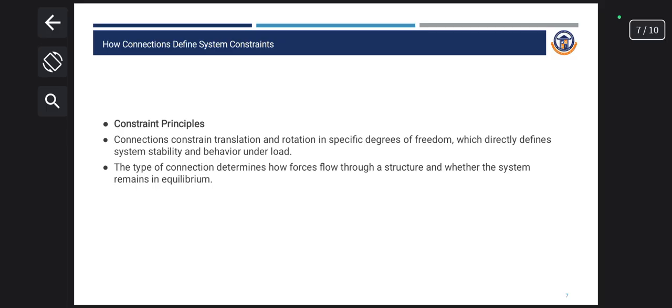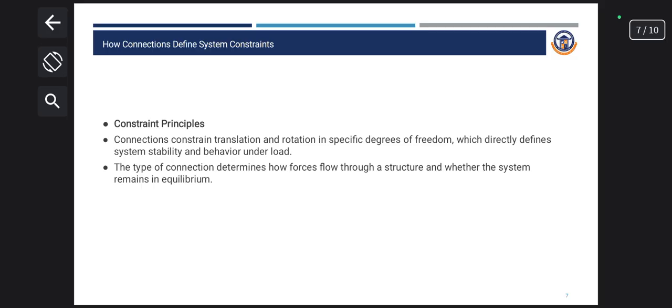The next one is how connections define system constraints. Connections define constraints and control how elements interact. They restrict movement, translation, or rotation in structural systems. In software, connections define data flow, control flow, and access paths.